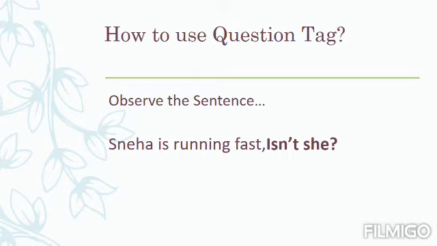Sneha is third person singular used for female, and we can use the pronoun she in the place of Sneha, so we have put here the pronoun she. Thus the question tag will become is not she. The short form of is not is isn't, so the final question tag will become isn't she. This is how we can make the question tag of the statements.